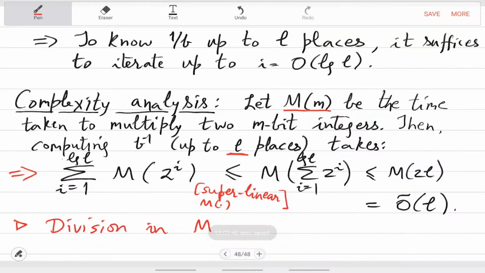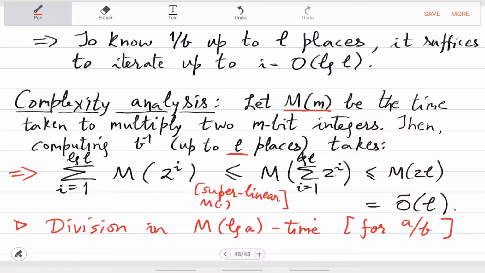If you want to compute a by b, suppose a is longer, then it takes M of log a time for the a by b computation. So this long division you can now do essentially in the same time as multiplication of a times b. Any questions till now? Okay.